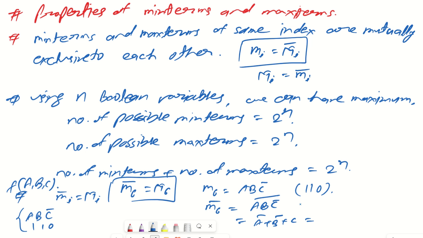So it is going to be equal to 1, 1, 0, that is nothing but M6. Understood? So you have proved that min term of index 6 is max term of index 6 bar, or min term of index 6 bar is max term of index 6. Okay, so that's all.